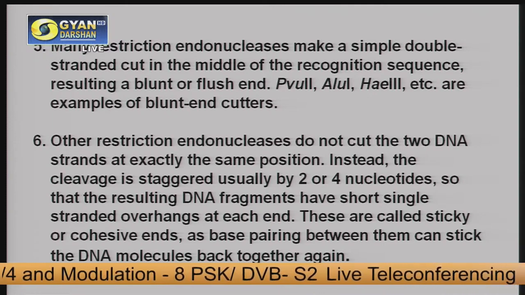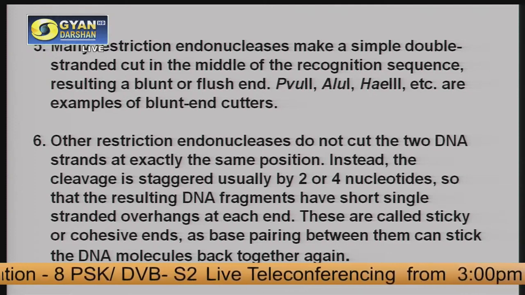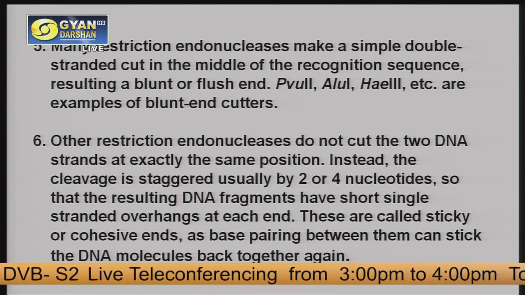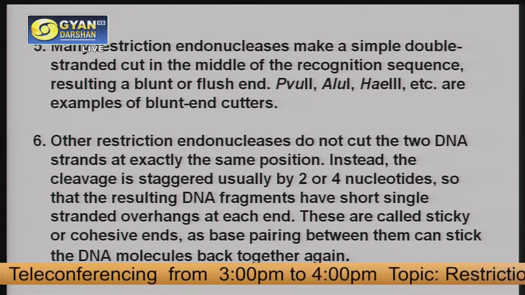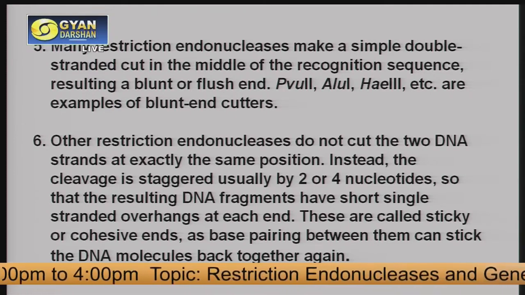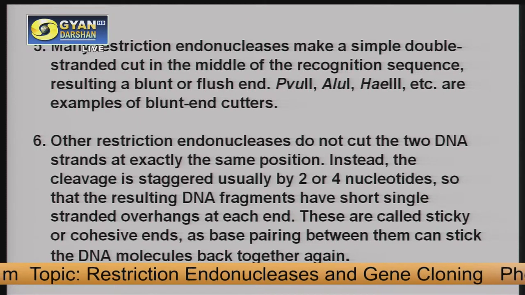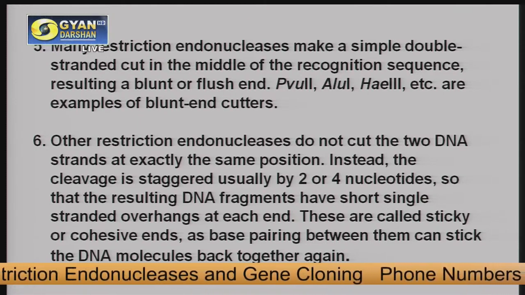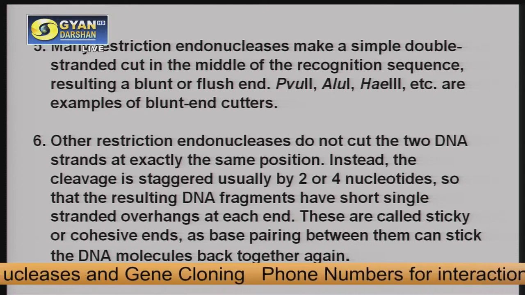Other restriction endonucleases do not cut the two DNA strands at exactly the same position, but make staggered cuts. Staggered cut means the cleavage is staggered usually by 2 or 4 nucleotides, so that the resulting DNA fragments have short single-stranded overhangs at each end.